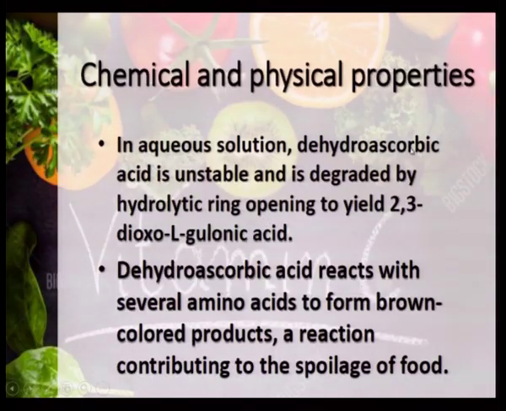Okay, so we see here the ascorbic acid form and different versions, how their relative switch in the chemical structure decides the bioavailability features of vitamin C. So, in this slide we see an aqueous solution of dihydroascorbic acid appears to be very unstable and is degraded by the hydrolytic ring opening to yield 2,3-dioxo-L-gulonic acid.